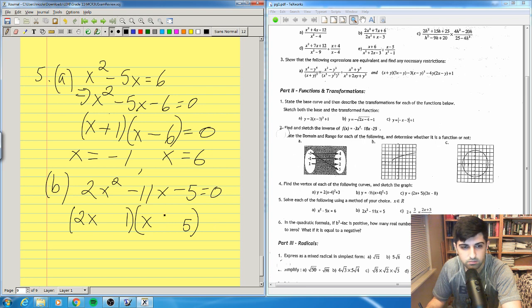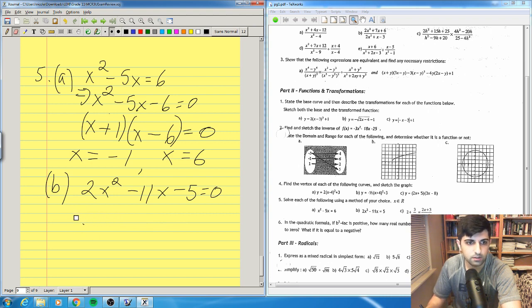Maybe not. No, it actually doesn't. Because if I get a negative here and a negative here, I don't get a negative here, but I do get minus 11x, so that doesn't work. So I think factoring failed. So what we have to do is the quadratic formula.